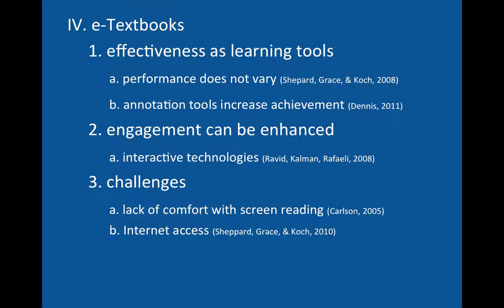Now, what's important about this outline is that I want you to pick up on the idea that when you're writing the literature review, you're writing about the topics. So you're writing about effectiveness as learning tools, and you may have 2 or 3 or even 4 different resources that give you information to describe that.